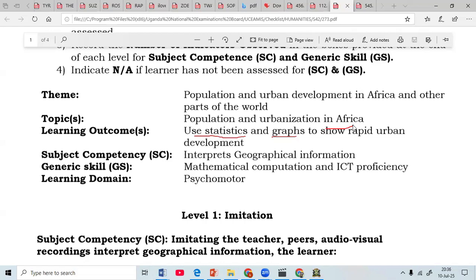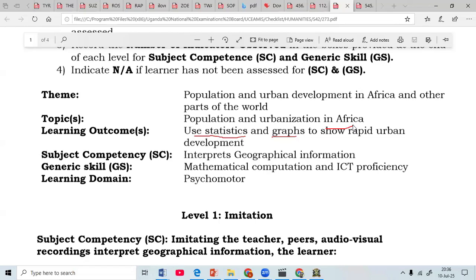You remember very well, whenever the president was going to communicate, he always used a graph to show us different things. Then the different tables from Uganda, from East Africa, moving to Africa.